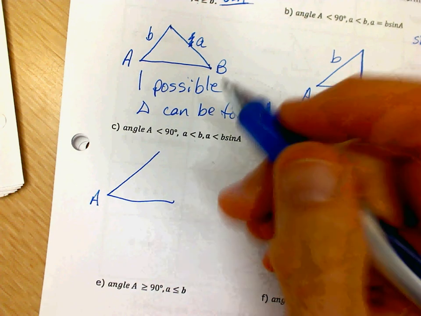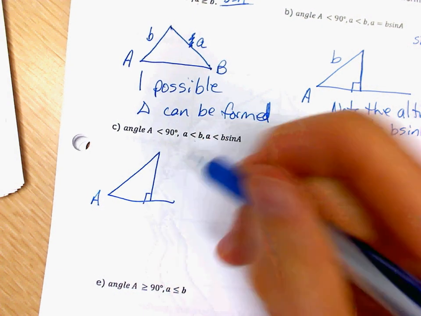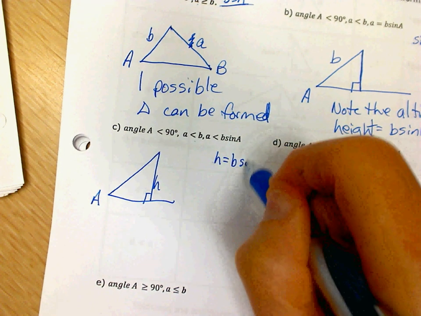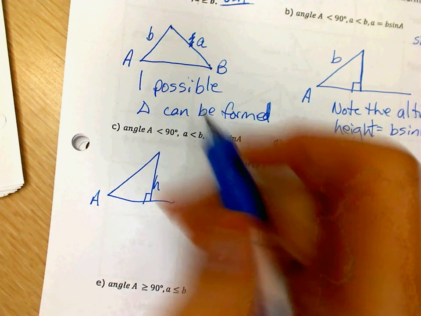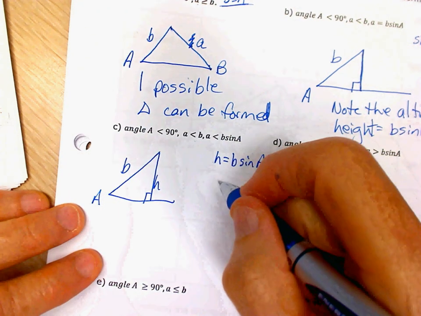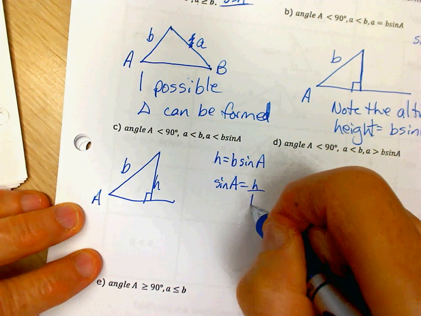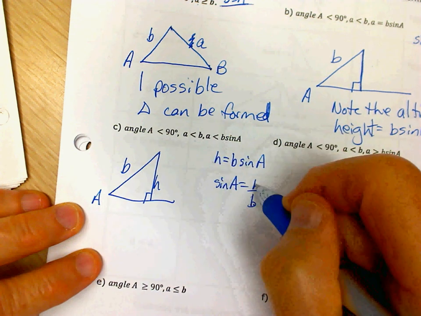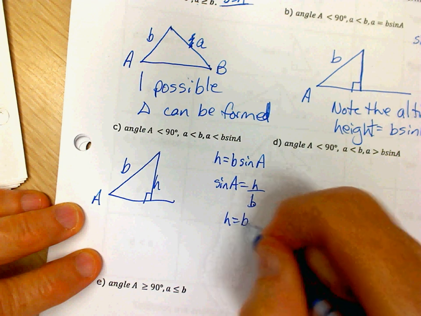And they're telling you, here's my height, because the height is equal to B sine A. Agreed? Because you know sine of A equals H over B, opposite over hypotenuse, and H equals B sine A.